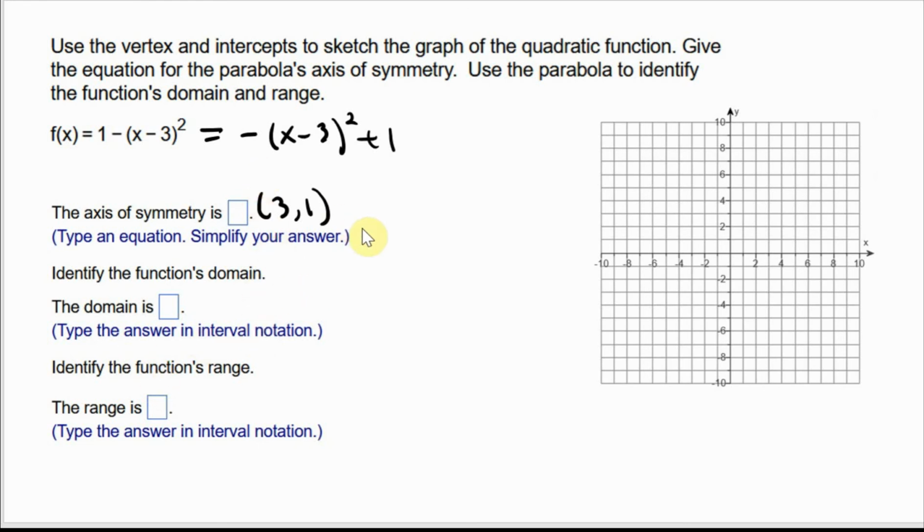So let's go over here and see if we can plot this graph. We know it's a parabola. It's going to be curving down because of that negative sign, right? So the parabola is going to do this. The vertex we got at 3, 1, and then it's going down. So I need to find maybe another point or two so I could try to be as accurate as possible.